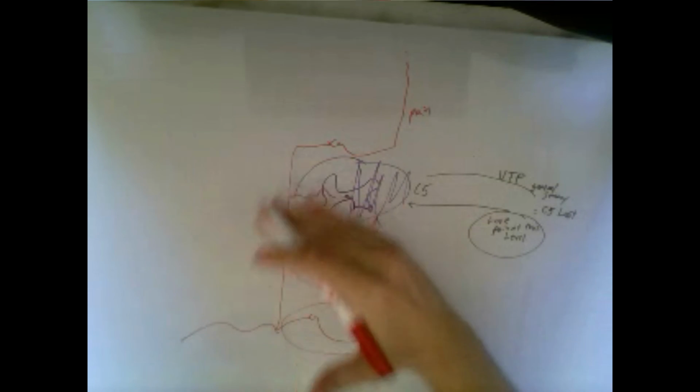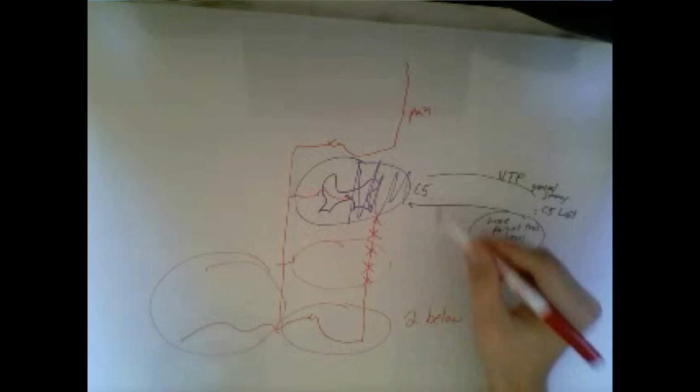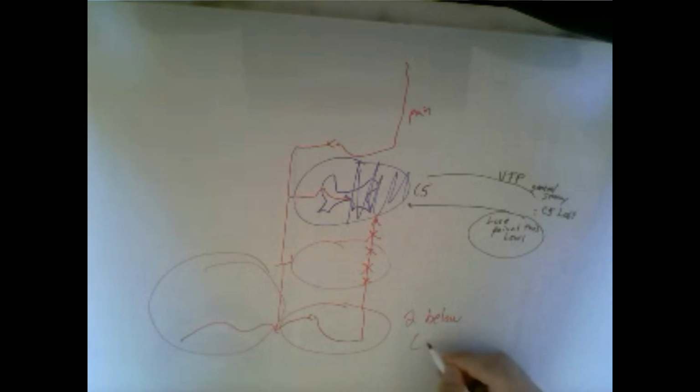So you're going to lose all of pain contralaterally to where the lesion is to below. So if we're at C5, that's going to be C7 and below contralaterally. Loss of pain and temperature. That's contralaterally.